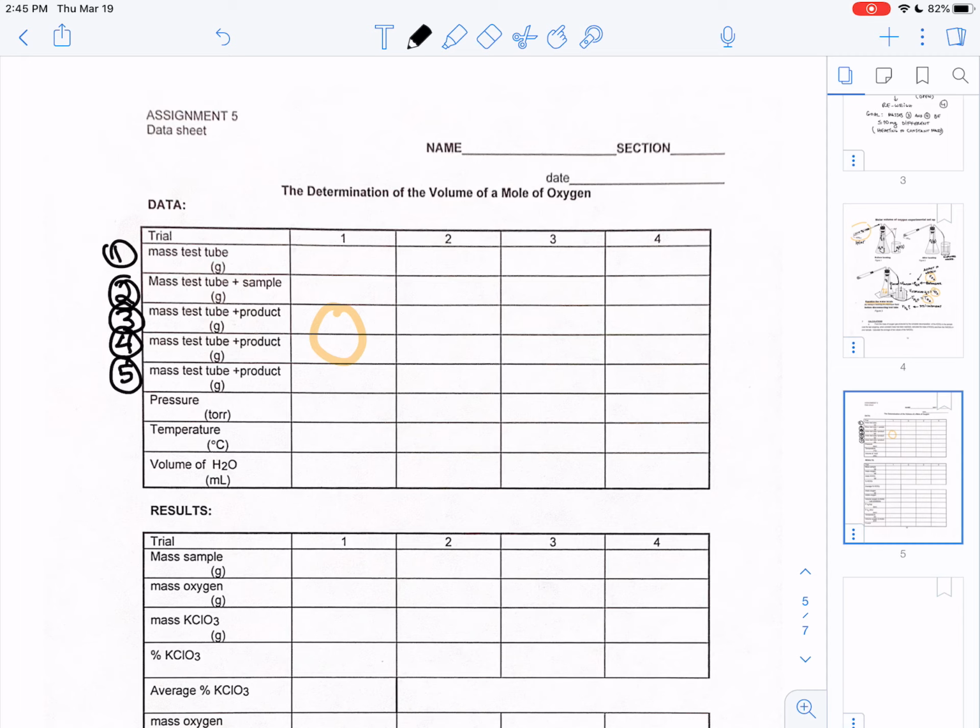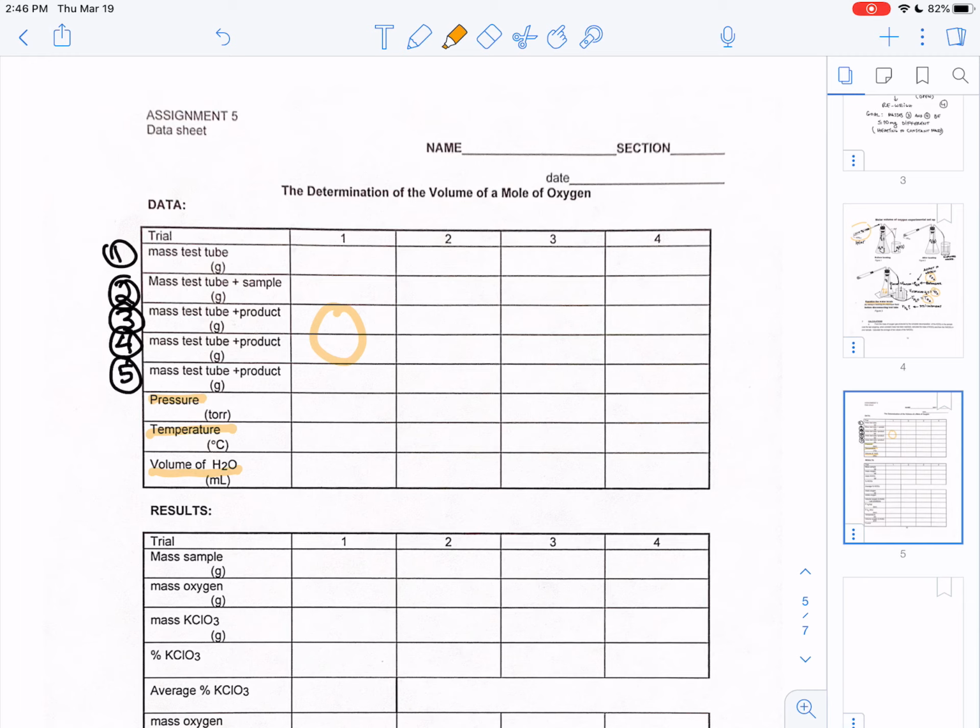And the goal is to find the difference to be no more than 10 milligrams. Don't forget that you will also have to be recording the pressure of the atmosphere on the barometer, the temperature of the water, and the volume of water displaced during the process.